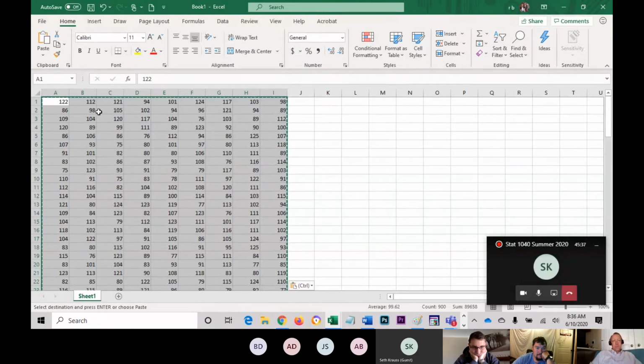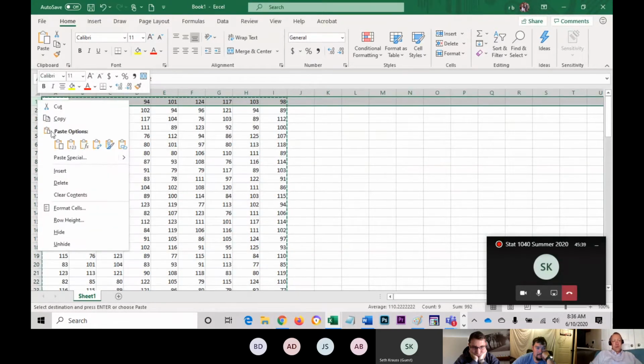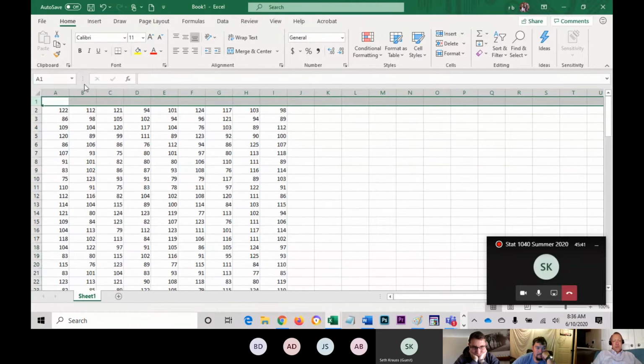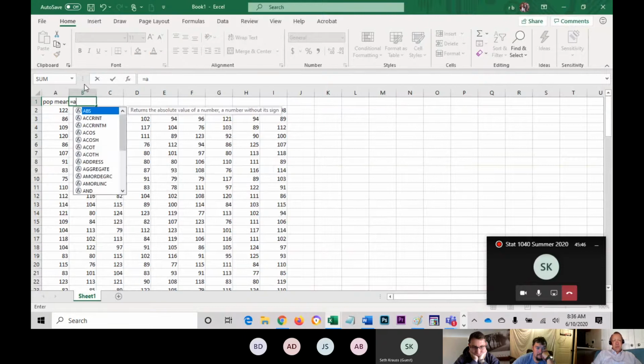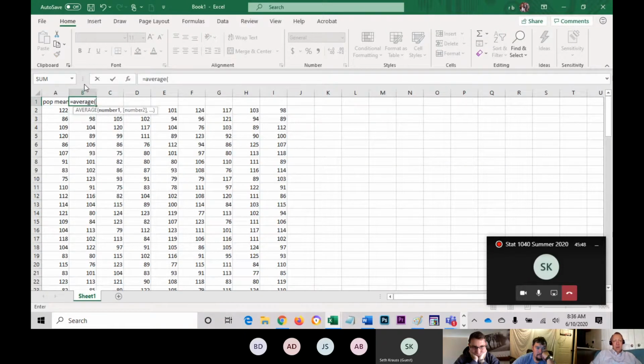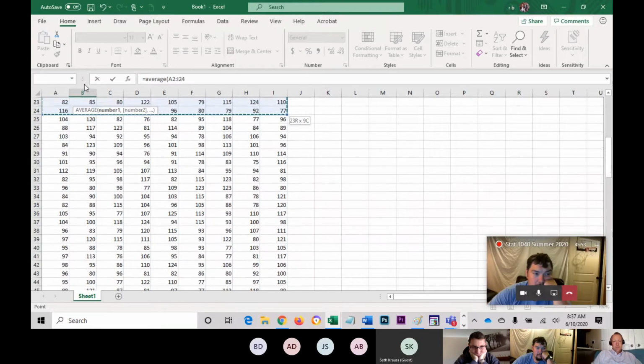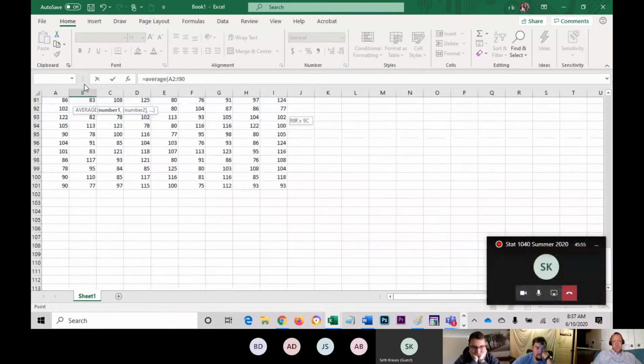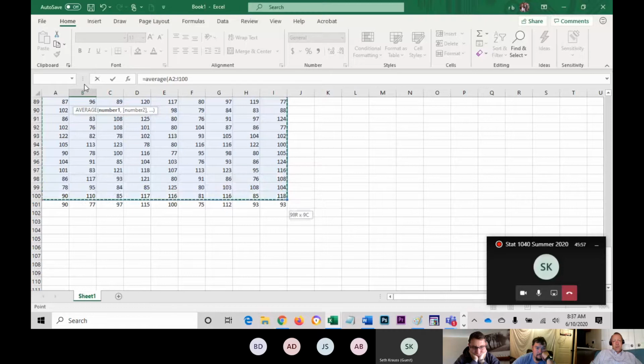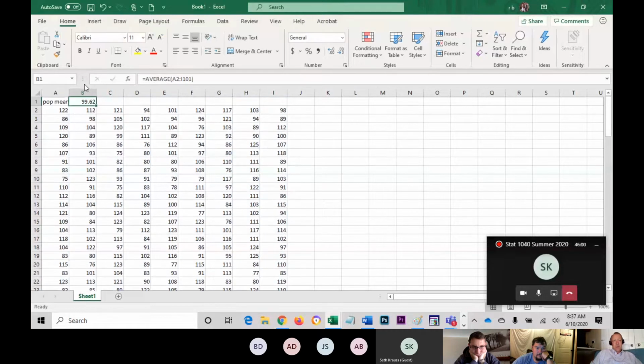Now, I'm going to insert a row here. So we can see that the population mean in this case is going to be hopefully close to 100, 99.62, and my population standard deviation, hopefully this is going to be close to 15.